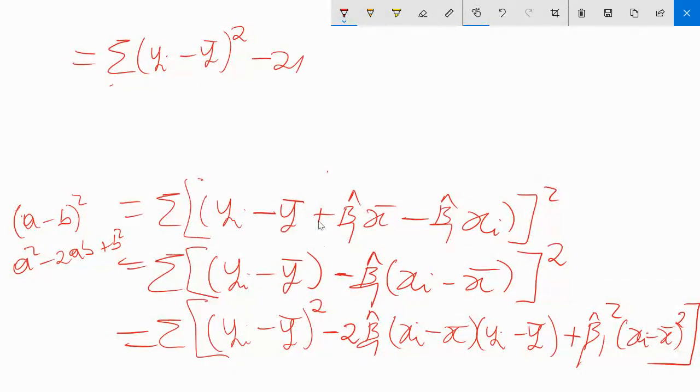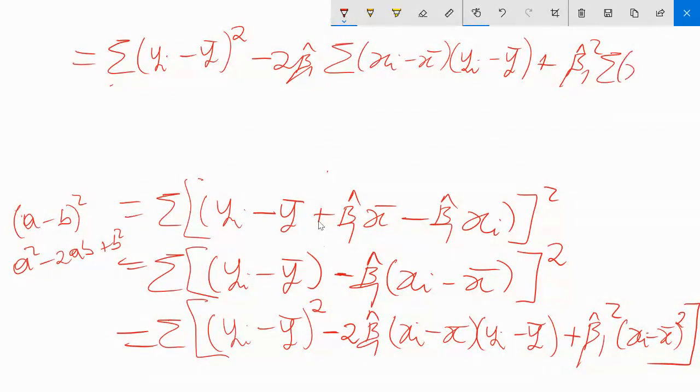Then minus, this is a constant, it's calculated, then we have the sum of xi minus x bar multiplied by yi minus y bar, plus, this is a constant again, the summation of xi minus x bar squared.